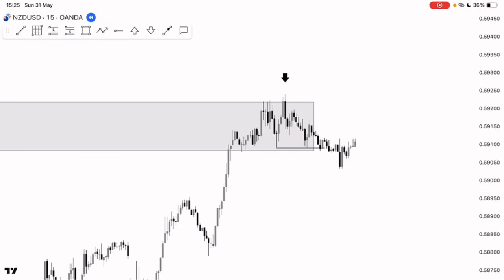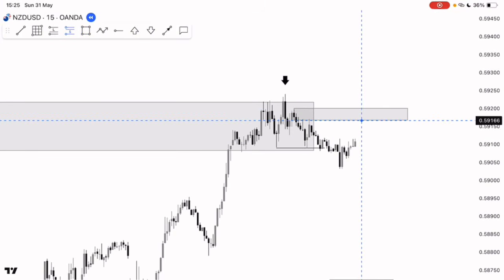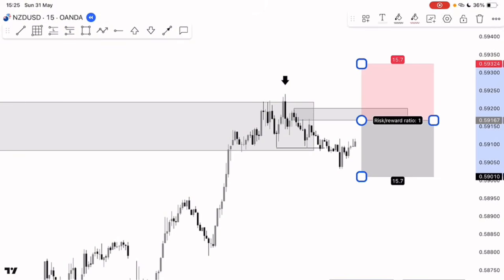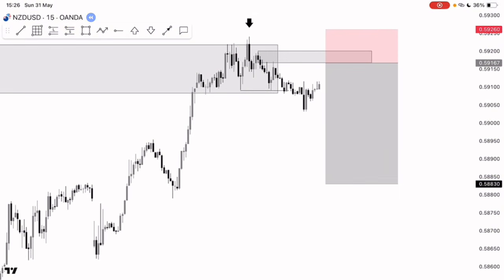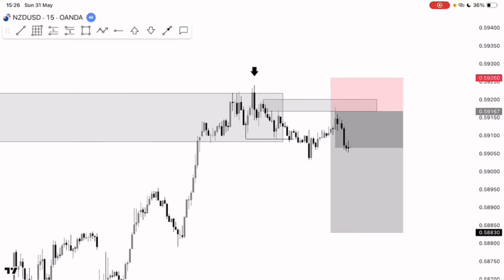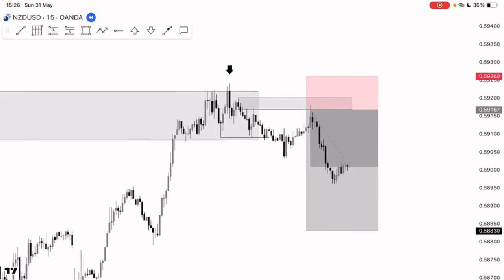So I'm going to map out from this zone. But the key point is for your entry and your SL to be above this high. So I'm going to map out from this zone, then set my trade here, then have my SL above here. Now price starts dropping.